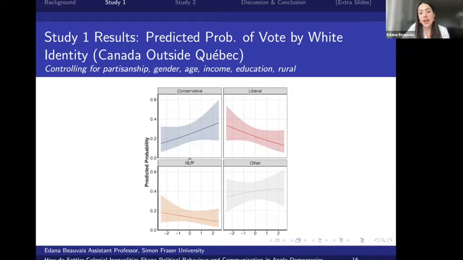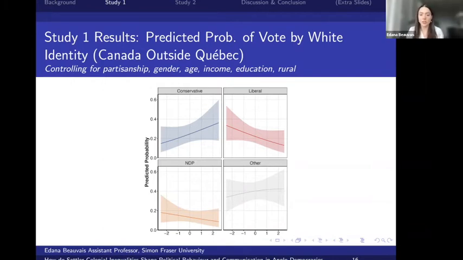And we can see that as white identity increases, so for someone who scores 1 standard deviation higher than average, now there's about a 30% predicted probability that that respondent votes conservative. So higher levels of white identity are associated with a higher probability of voting conservative. So in Canada outside of Quebec, there is an association between white identity and voting conservative, but it is not a very large association.